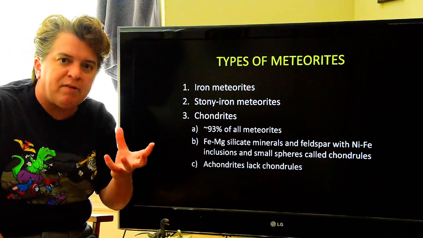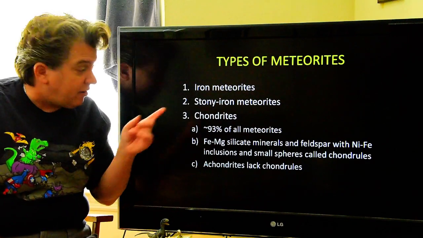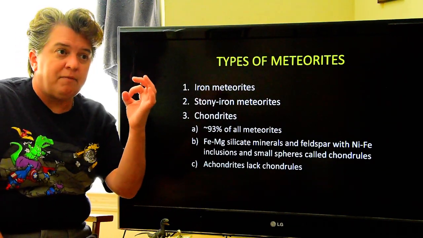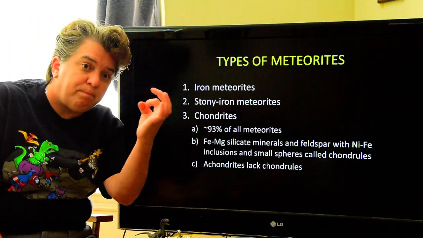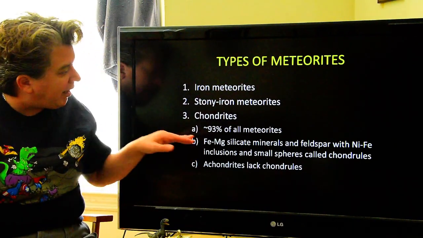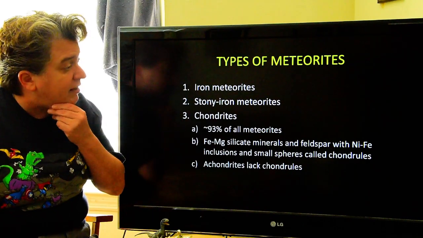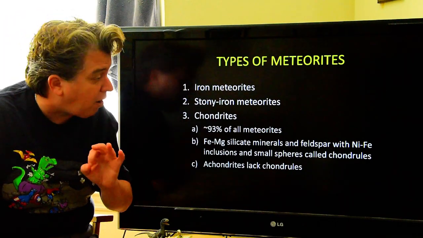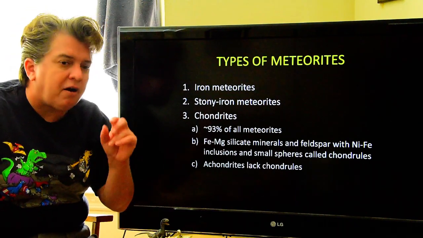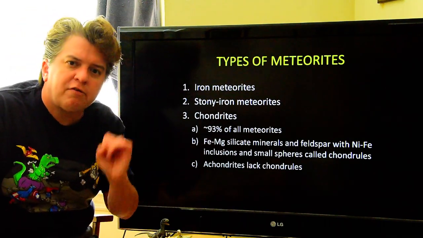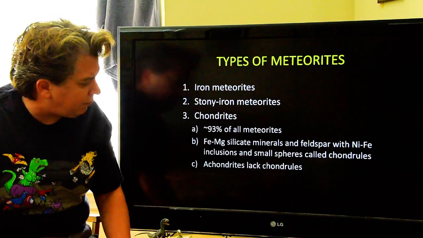So it's kind of the opposite of this previous one, right? In the stony iron, it was the minerals surrounded by the metal. In this case, it's these little bits of metal surrounded by the iron magnesium silicates and also feldspars. Now, the additional thing that you'll have in chondrites are these little spheres called chondrules.